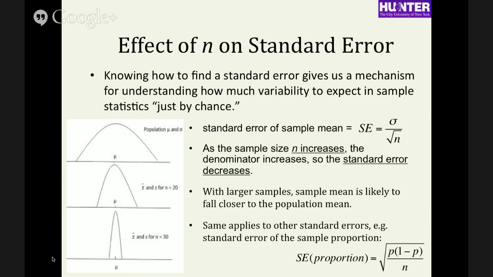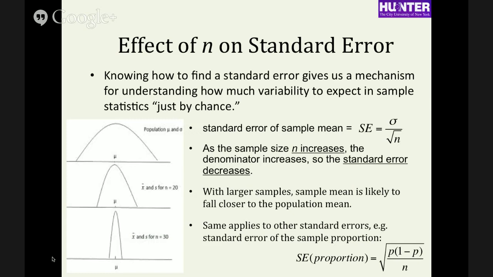So if n quadruples, the standard error, shout out, what happens if n quadruples? Yeah. The standard error decreases by how much? Not 1/4. Yeah, by a factor of 2.